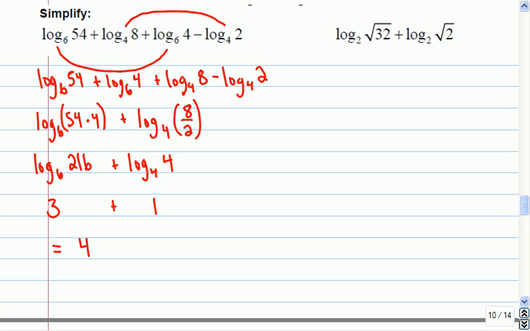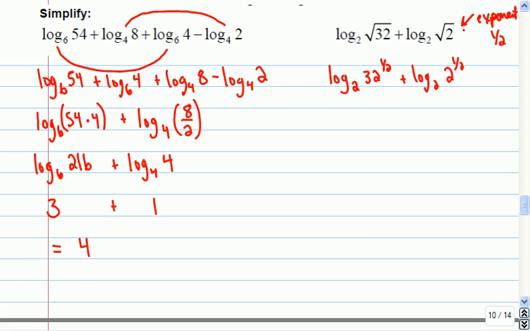It is 4. Now, another thing, this one's here just as a reminder because people often forget that the square root, these are like the exponent 1/2. So I'm going to rewrite this as log base 2 of 32 to the 1/2 plus log base 2 of 2 to the 1/2.